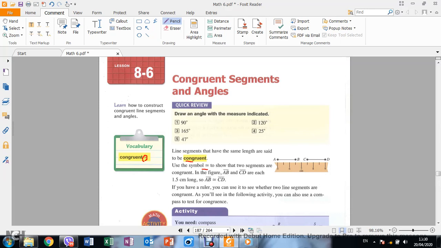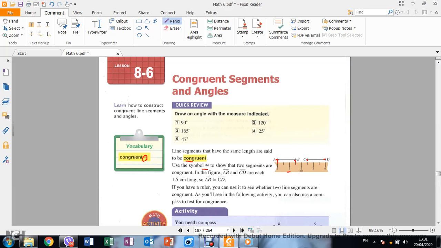For example, we have line segment AB and CD. This is a ruler, so we use the ruler. It tells us that in this figure, line segment AB, measured from this point, is 1.5.